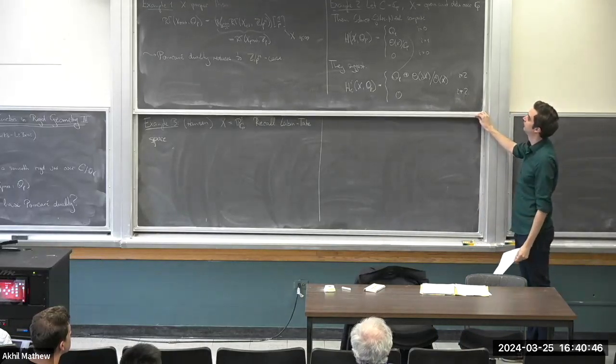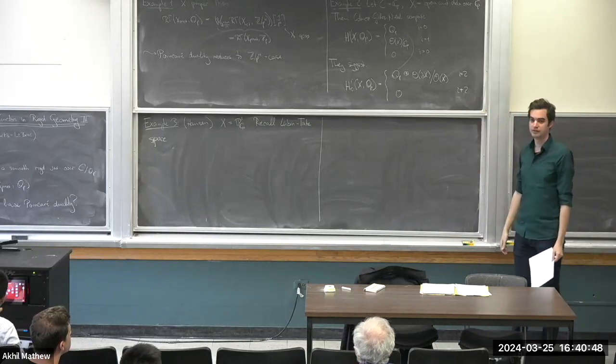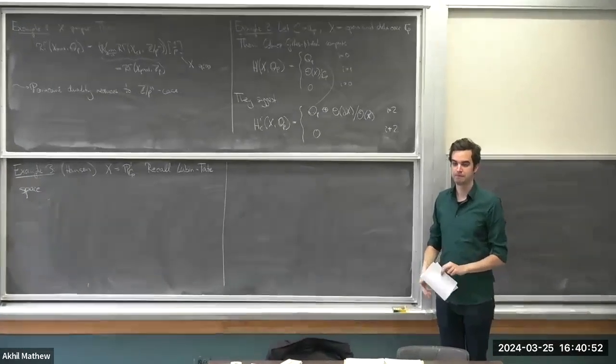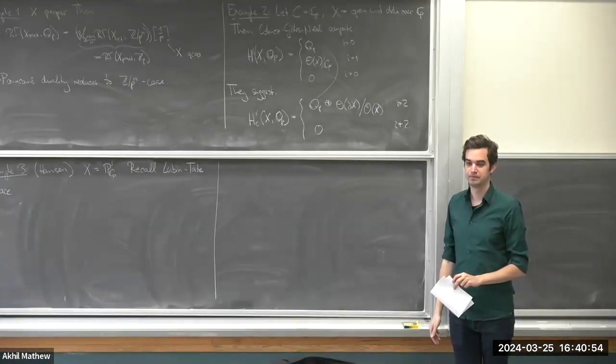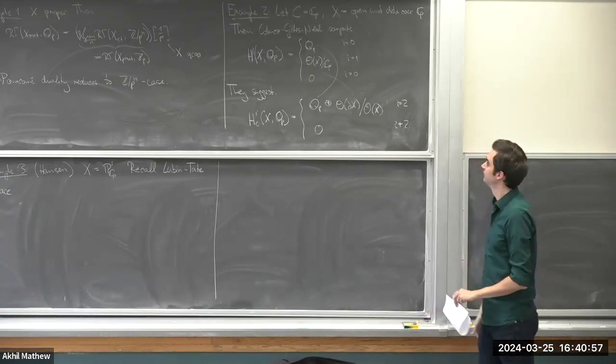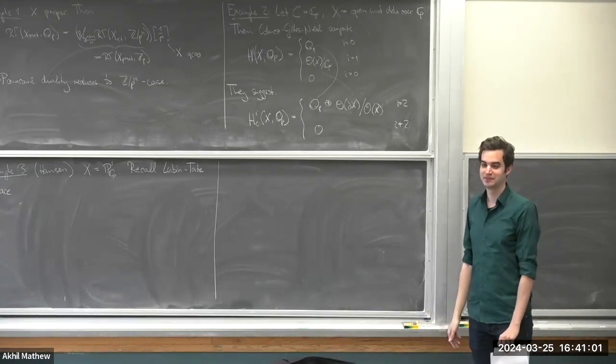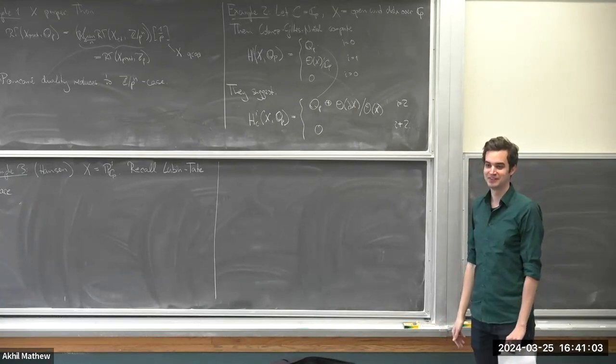And so then we would expect the duals to be degree 1 and 2. But the correct answer is that it lives in degree 2. So this is already something.